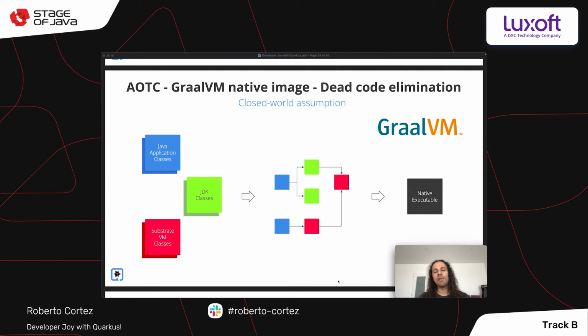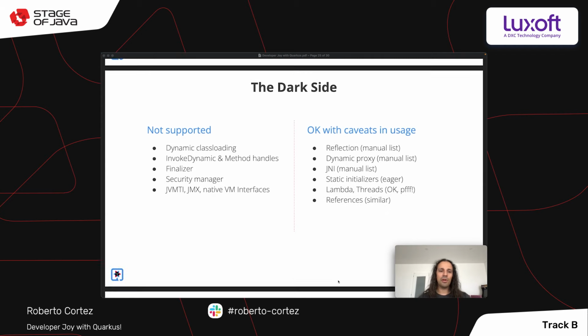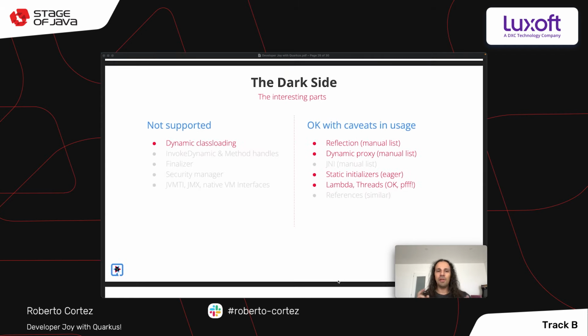native for that architecture. But to be able to build to native, there are certain requirements that you have to follow, right? And some of those are, well, things like dynamic class loading, they're not supported, right? Because you need to have this closed world assumption when you have an executable.